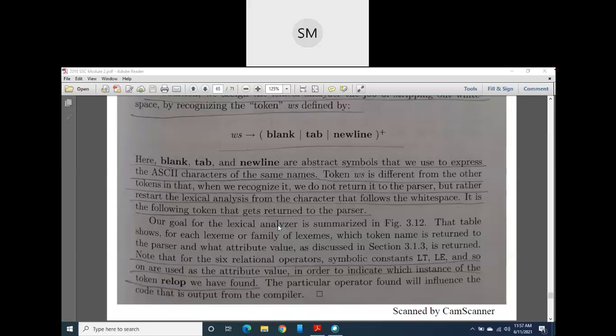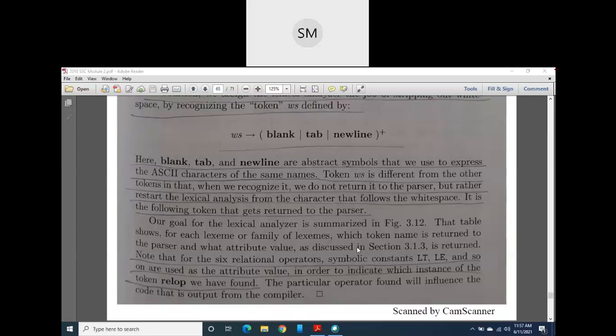For example, if your relational operator is less than, then you should write the attribute value as LT, to make the lexical analyzer confusion free. Then if it is the less than or equal to operator, you should write the attribute value as LE. Greater than GT, greater than or equal to GE, equal to EQ, not equal to NE. Like this, any one value you should give there.